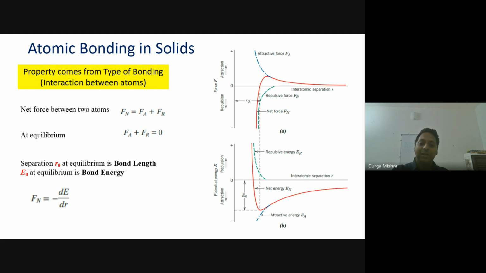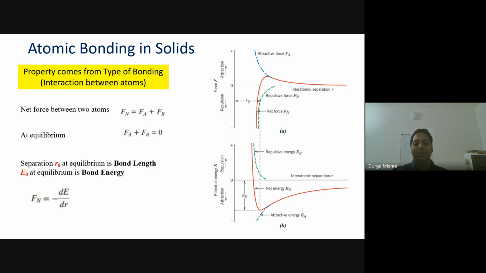You get a net energy which looks something like a U shape, but as it goes to infinity, it goes to almost zero. At this r0, where the equilibrium position is, you get a certain depth of energy, and that energy we call the bond energy.